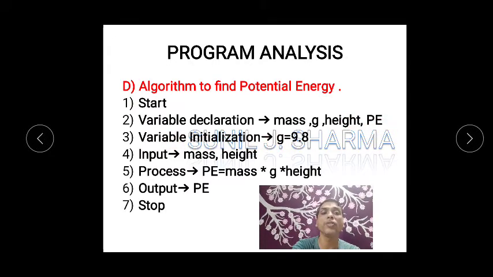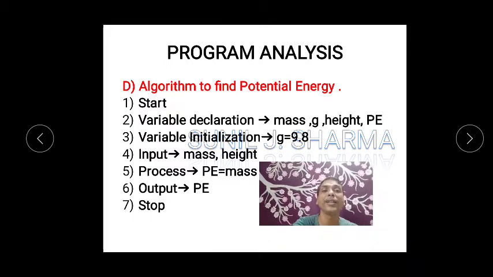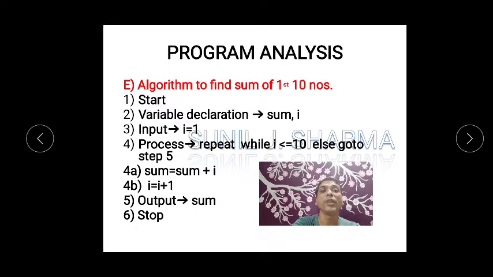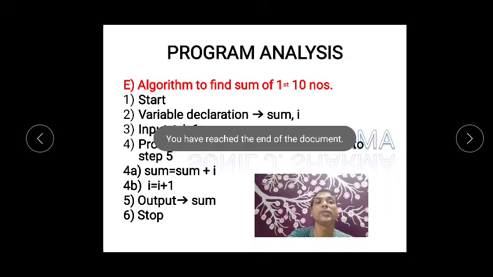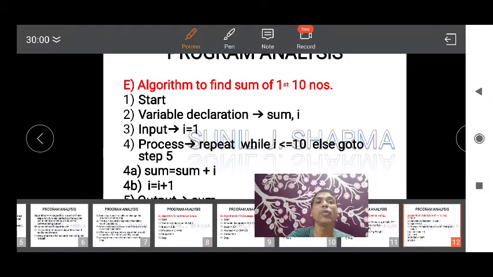Variable initialization, because g is constant, that is 9.8. Input will be 2, that is mass and height. Process will have a formula, that is mgh, or mass, g and height, and output will be stored in the PE variable.